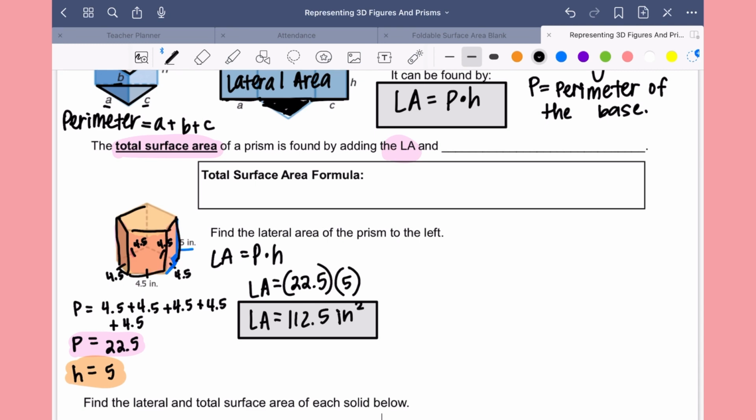What we're going to find now is the lateral plus the bases, the bases here at the bottom and the top. So the total surface area means we're going to have the lateral area and the area of the bases. Not just the sides.